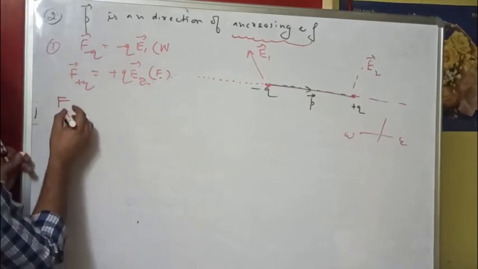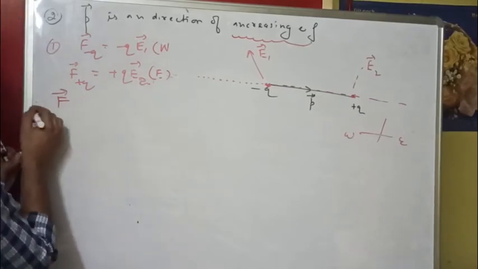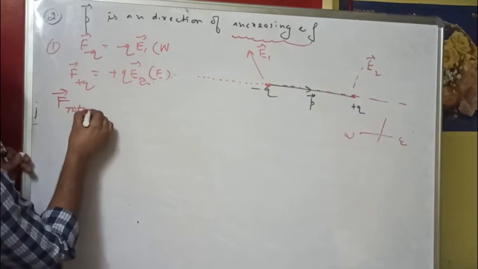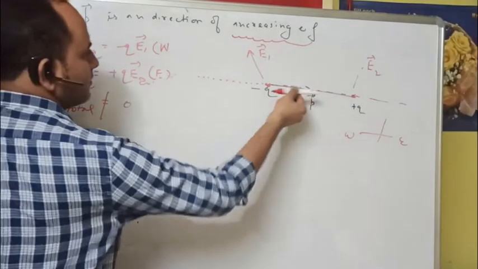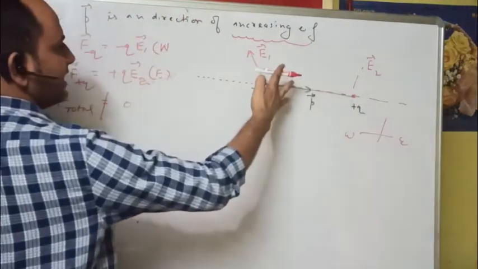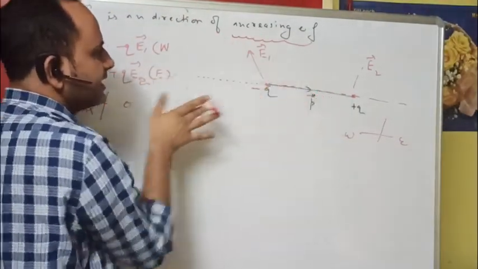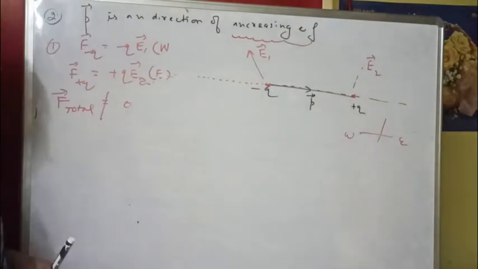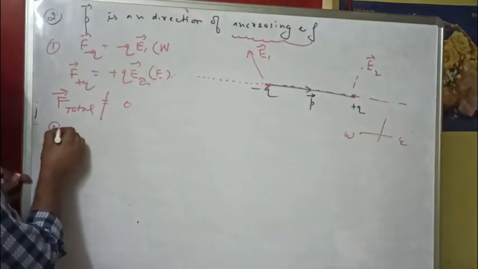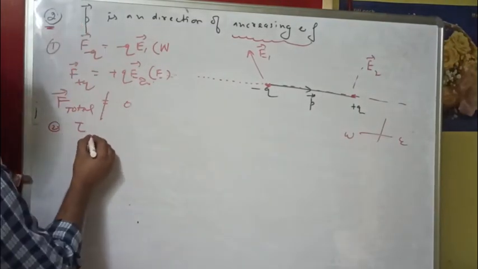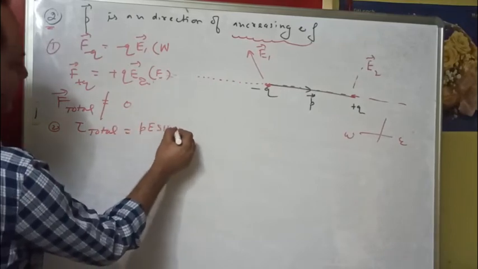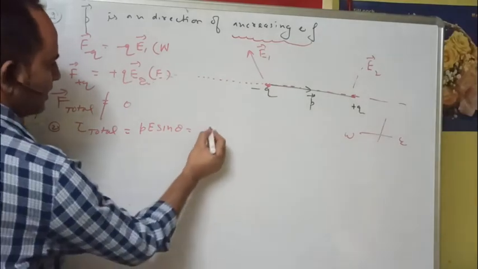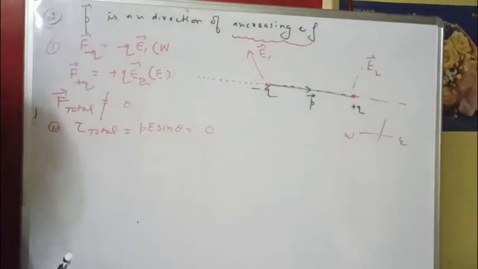So the vector sum of all the forces, the total force, will not be equal to 0, because this one will be more and this one will be less. So the total will be in the direction of E2 vector. Now in this situation, the total torque, that is pE sine theta, again here theta is 0 degree, so this will be 0.